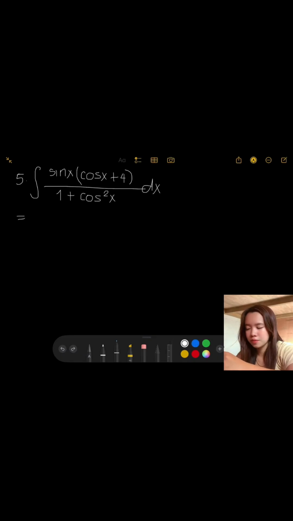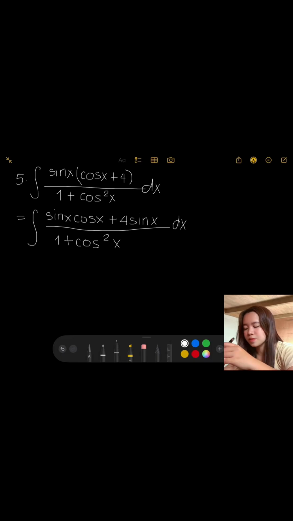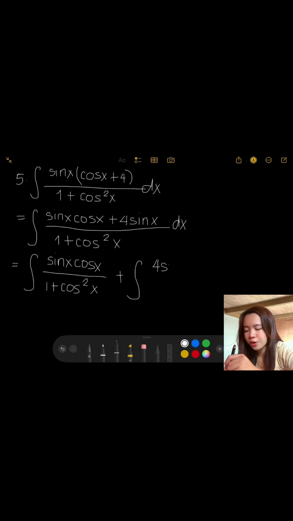So this will become the integral of sine x cosine x plus 4 sine x over 1 plus cos squared x dx. Since it is separated by addition, this will become integral of sine x cos x over 1 plus cosine squared x plus integral of 4 sine x over 1 plus cosine squared x.